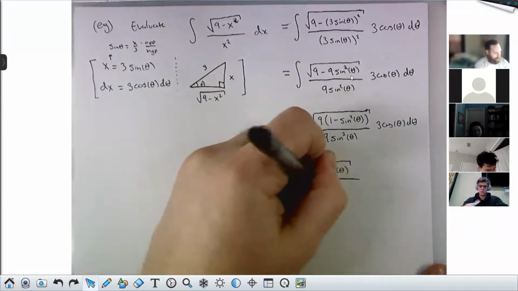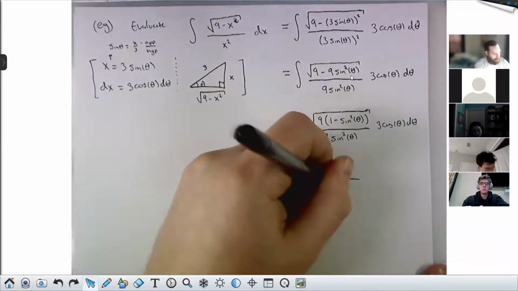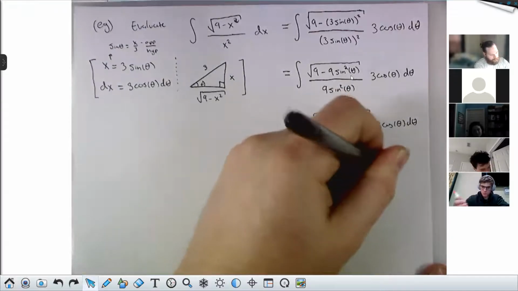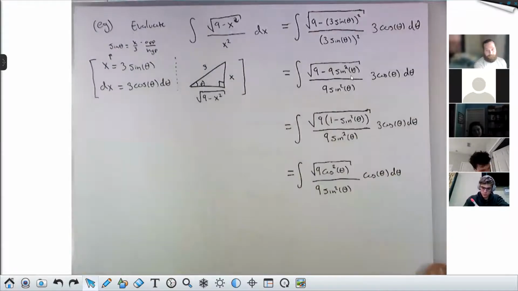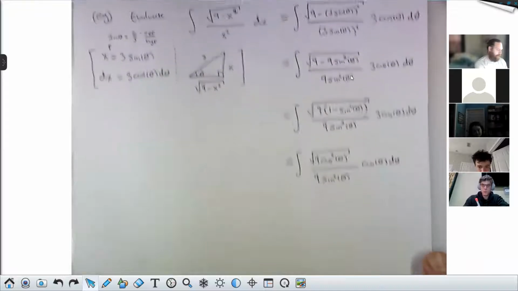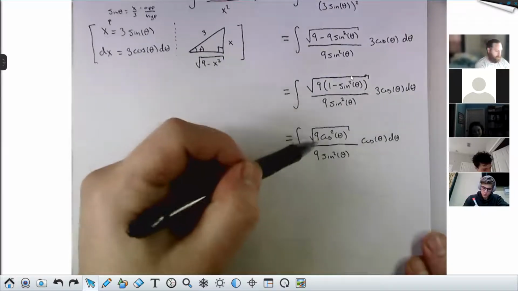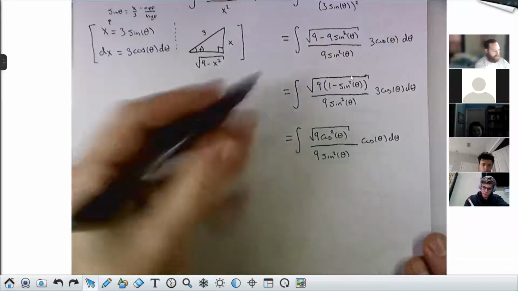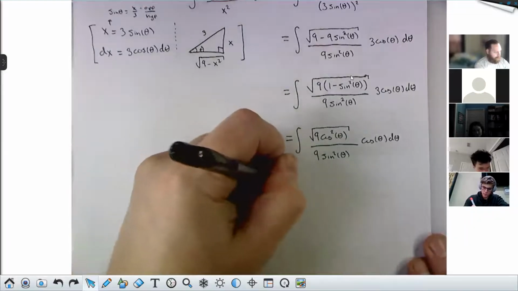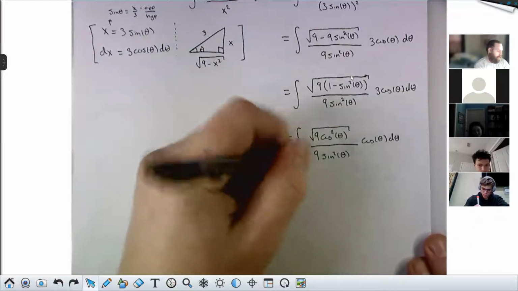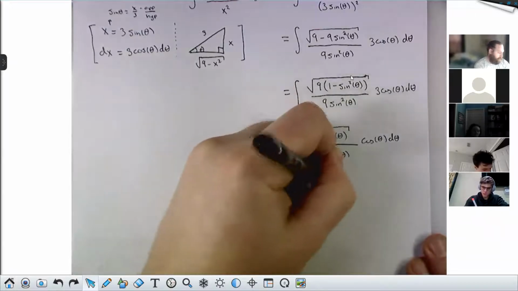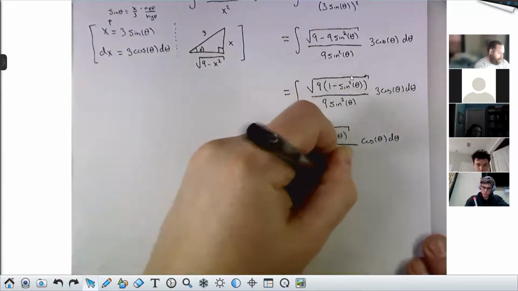Everything else stays the same. Because there is no longer any addition or subtraction under the square root, just multiplication, I am finally free to take the square root of the stuff inside. The square root of 9 is 3. The square root of cos squared theta is cos theta.